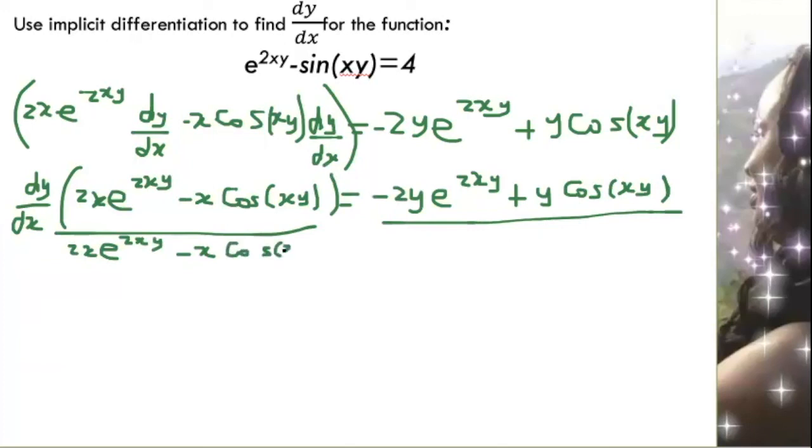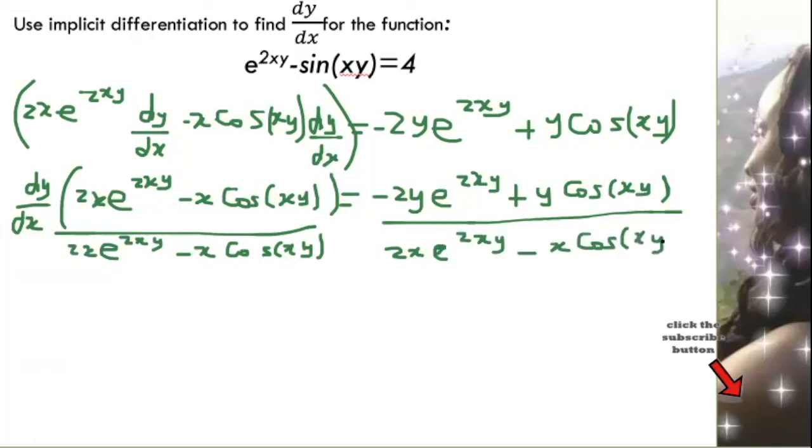Now, on the left, these two cancel, so what is remaining is dy over dx on my left, and it's equal to all of what you're seeing on my right.